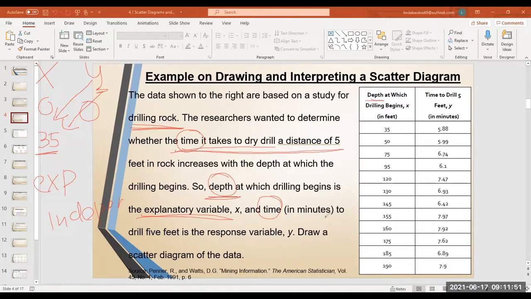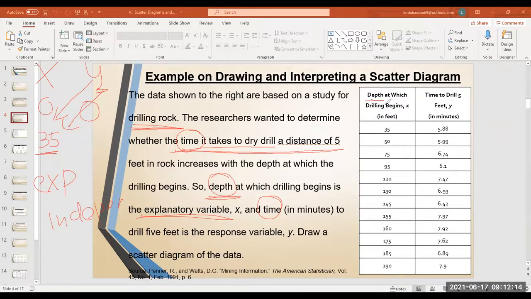Sometimes it will not tell you. If it doesn't tell you, then you have to sit down and think about it. Is my height depending on anything? No. The time is rather depending on the height. So in this case, the height, which is the same as the depth, is the explanatory variable. But the time, which depends on the height, is dependent. So that is the response variable.